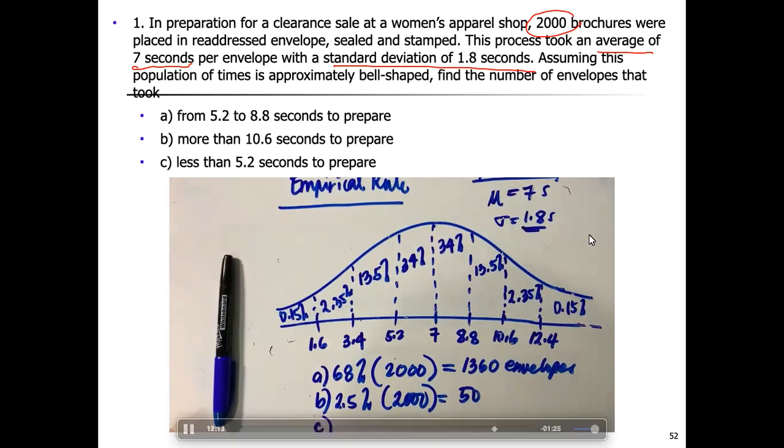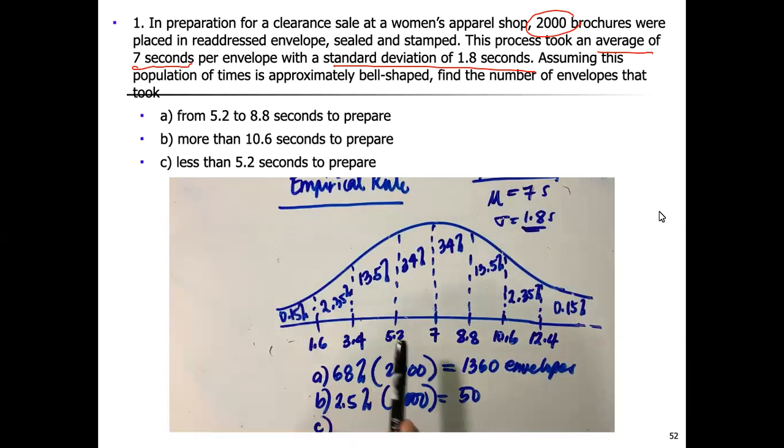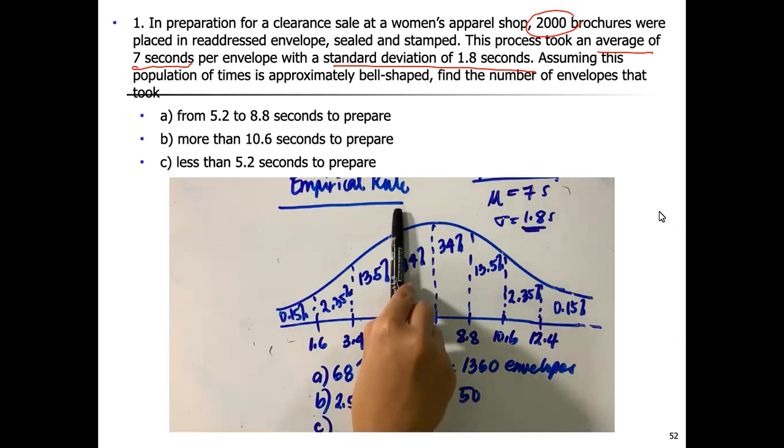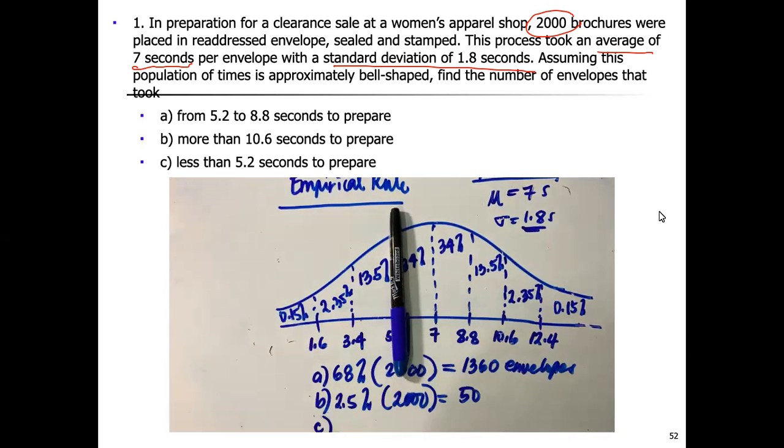For letter C, how many envelopes were processed in less than 5.2 seconds? So 5.2 seconds is here. When we talk of less than 5.2 seconds, we will get the values to the left. We will sum up the percentages to the left of 5.2 seconds.